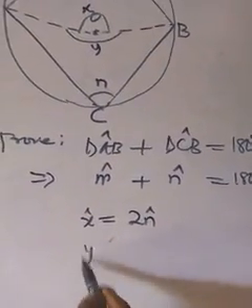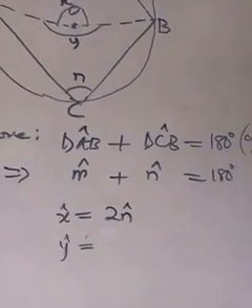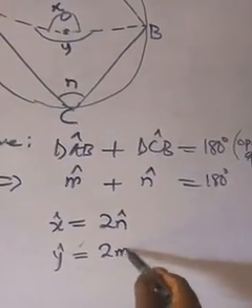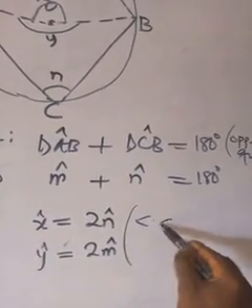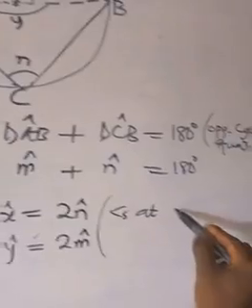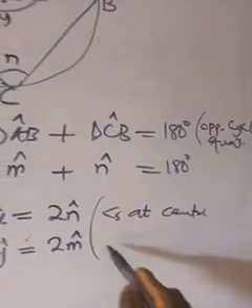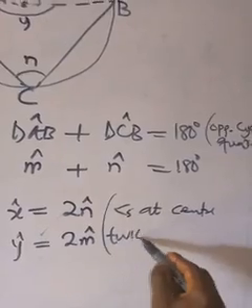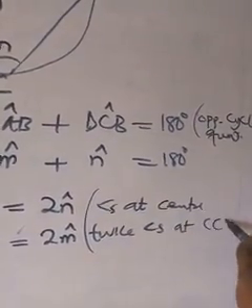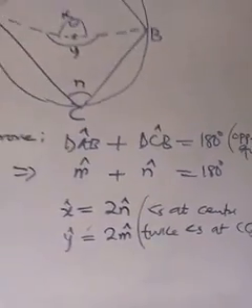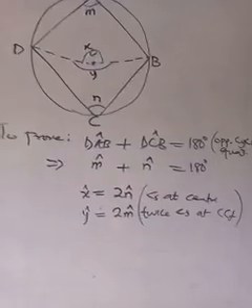Also, angle Y is going to give us 2M. That is, angles at the center are twice angles at the circumference.